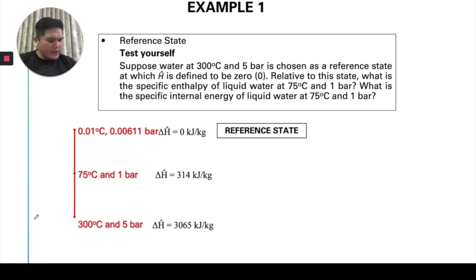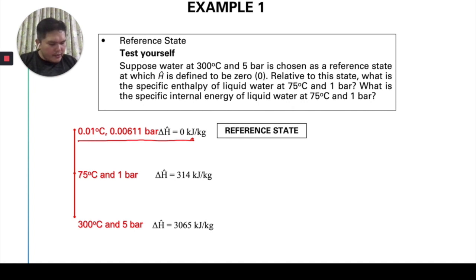We know that the initial value here is given as the reference state in the steam table, which is at this particular point, the triple point. We assume that delta H equals 0 kilojoule per kilogram. So that is the value given there.